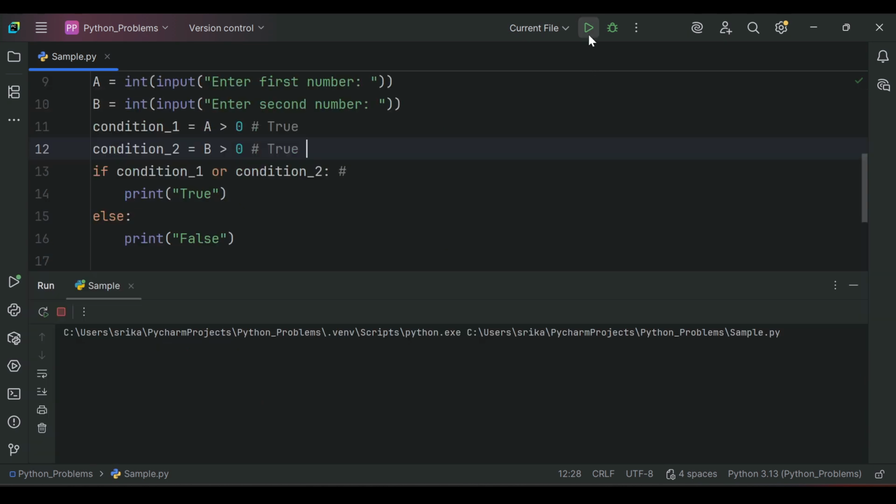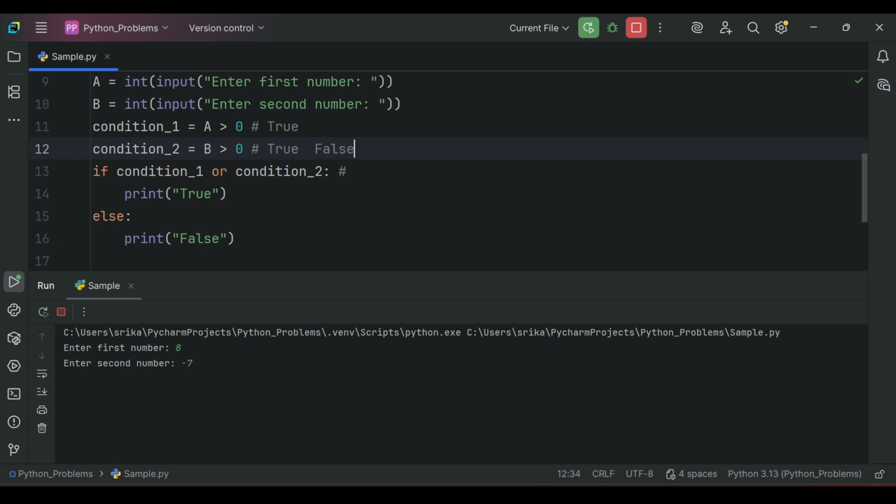See here, suppose for a I am giving one positive number and for b I am giving one negative number. Here A is equal to 8. A is equal to 8 is a positive number, that means it's true. Here b is -7. Minus means it's false.